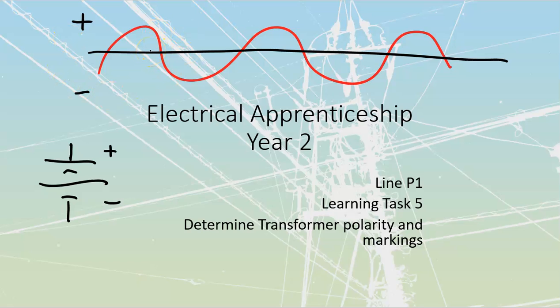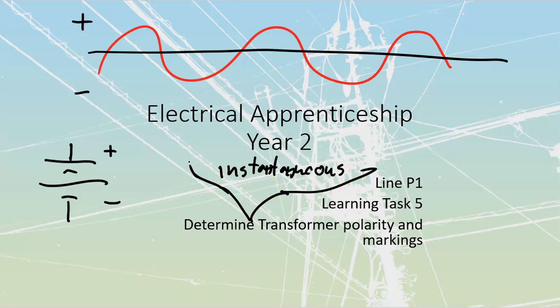What we do have is what's referred to as instantaneous transformer polarity. We want to be very clear that this instantaneous value is what we're looking at. In other words, it is going to be at any instant. If we freeze time, we should be able to tell a transformer polarity.